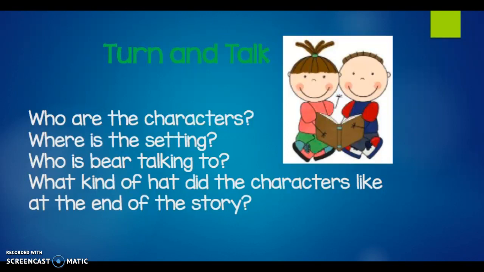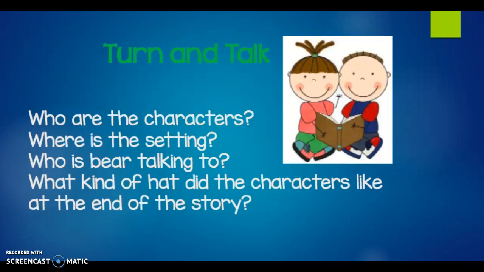Question 3. Who is Bear talking to? Turn and tell your partner. Did you say bird? If so, give your partner a high five. Question 4.